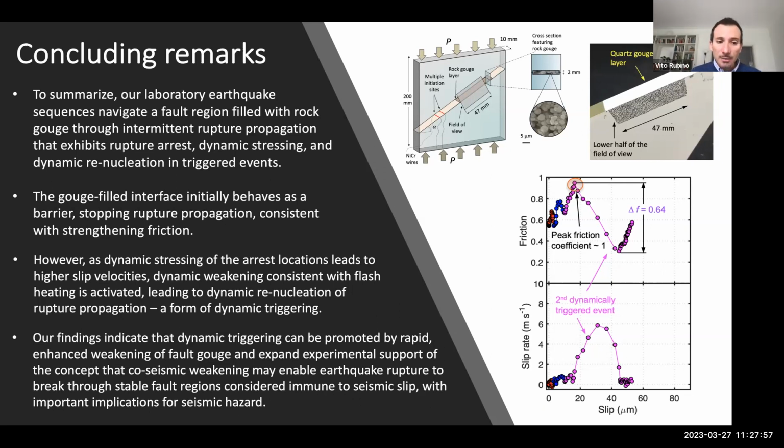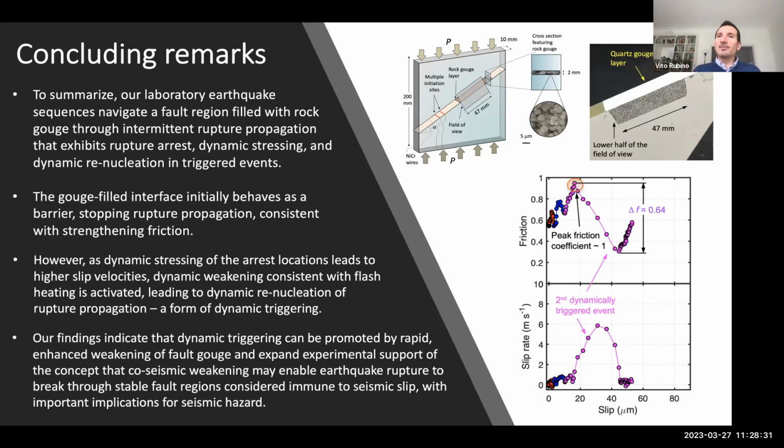At the same time, we have dynamic stressing due to the rupture propagating in other parts of the interface away from gouge, which sends dynamic stress waves to the gouge portion of the specimen. This locally increases the slip rate and triggers dynamic weakening by the flash heating mechanism, and this leads to renucleation of ruptures. This is a form of dynamic triggering.